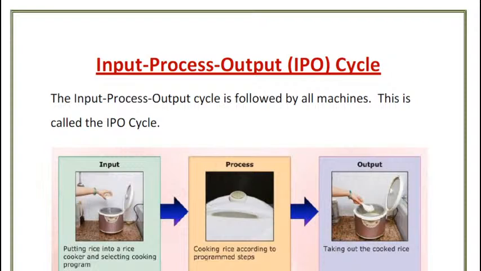Now see the picture here. You can see your mother is putting the rice into the rice cooker. The rice is the data we are giving as input. Along with the rice we are going to mix the water also.